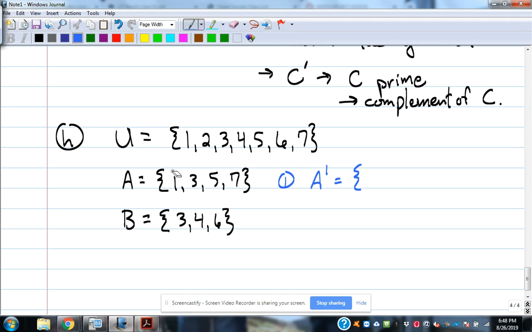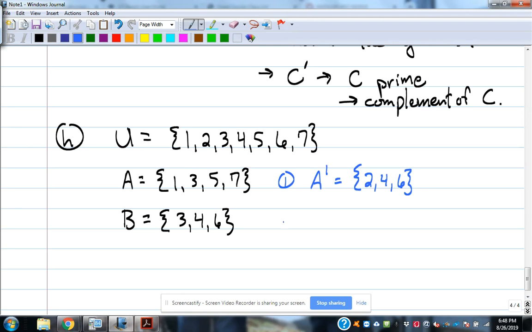All right, so A has 1, 3, 5, and 7 in it. What are the numbers that are in U that are not 1, 3, 5, and 7? 2, 4, and 6. That's what a complement means. It's the things that are not in set A that are in the universal set.